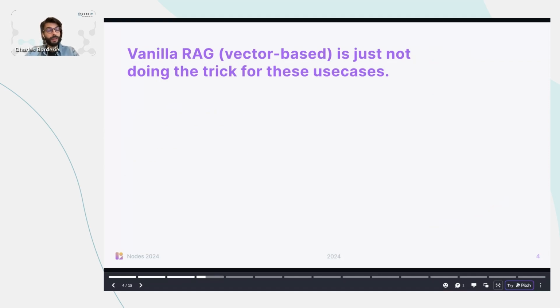And so most of the time they come to us with a problem, which is their vanilla RAG, their baseline RAG, which is purely vector-based. Roughly 100% of the time, they come with a first setup of RAG and they tell us, okay, it's doing the trick for some of my use cases.